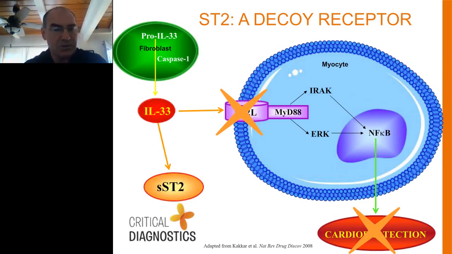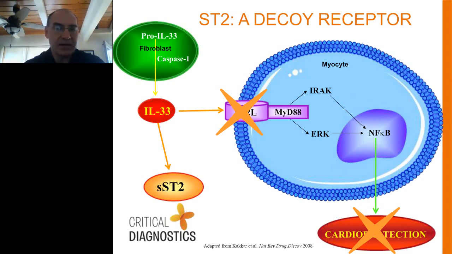In some individuals, an alternate pathway is initiated, and in this case, the cardiofibroblast may also upregulate the expression of the soluble form, which binds interleukin-33 so that it's no longer biologically available to the receptor.